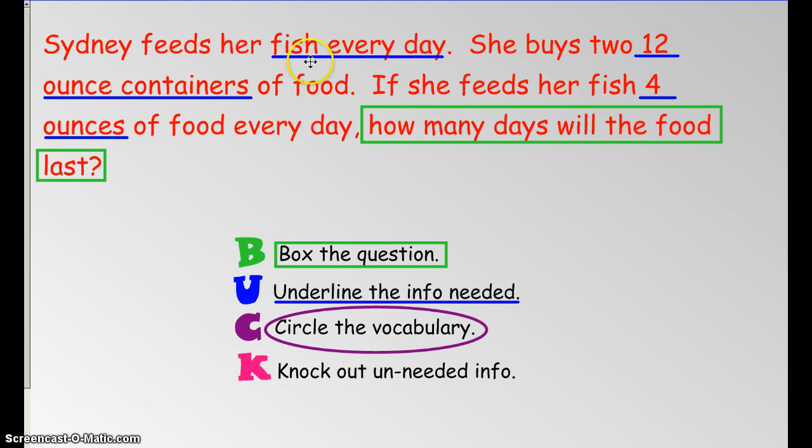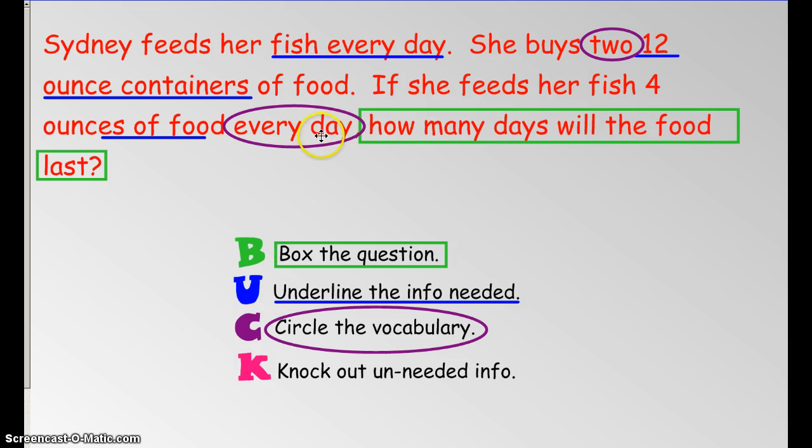I know that she's going to feed her fish every day, and she has 12-ounce containers and she feeds her fish 4 ounces of food. Okay, the next step is to circle the vocabulary. I circled every day right here because I know she feeds her fish 4 ounces of food every day.